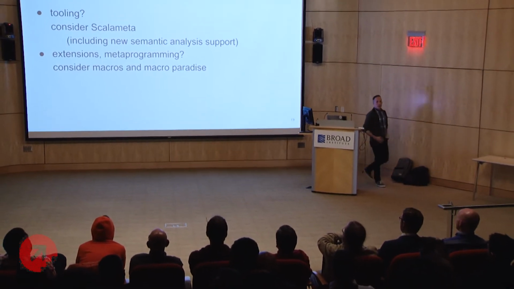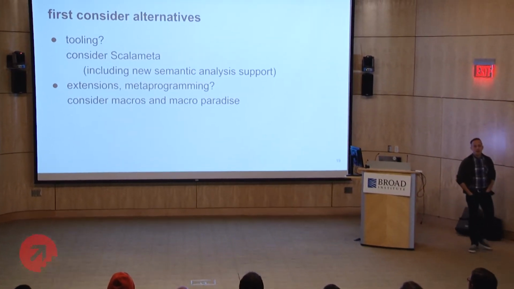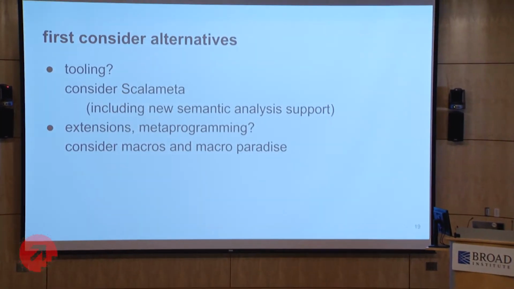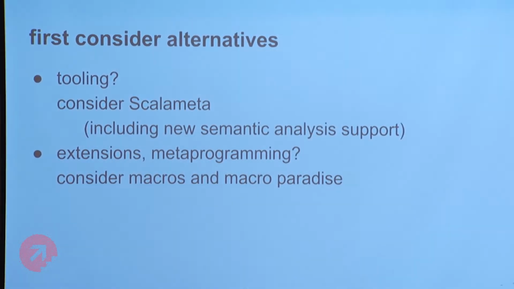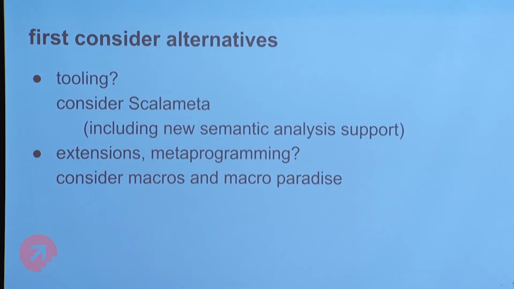Before building a plugin, you might first ask yourself whether you should. There are alternatives. A particularly new alternative is Scala Meta. Scala Meta is only a few years old, but that makes it newer than many of the popular plugins on the list I showed. Until recently, Scala Meta was syntax only.